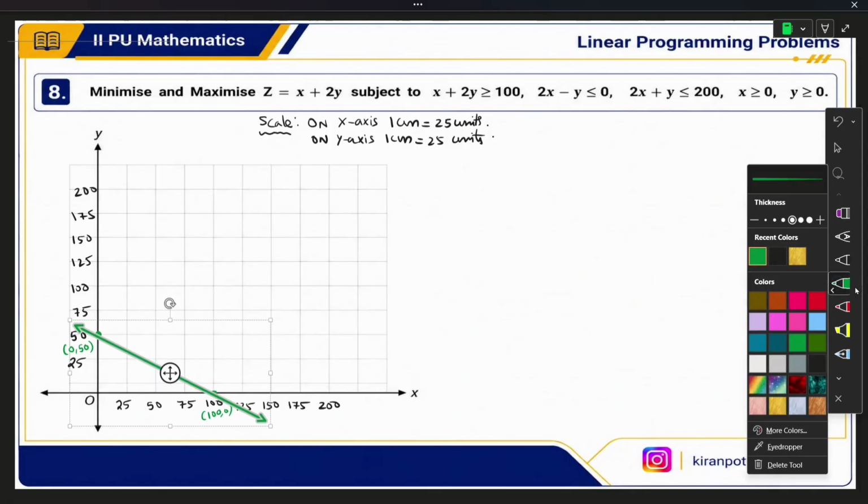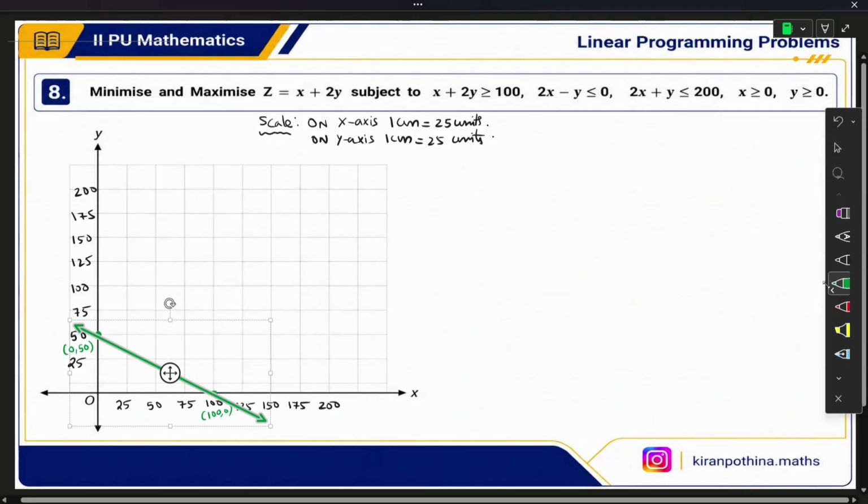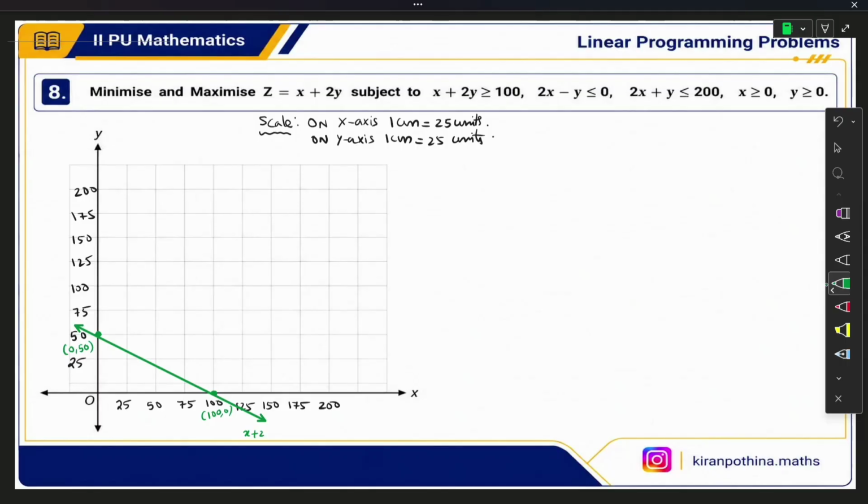Now I will write the name of the line, x plus 2y equal to 100. Based on that we got the line, so we have to write that name, x plus 2y equal to 100.